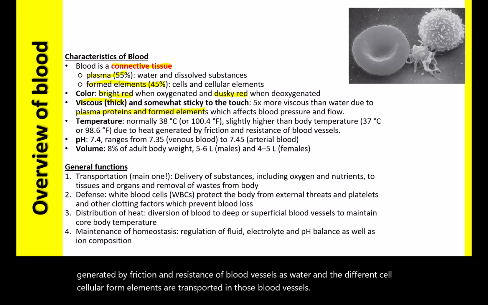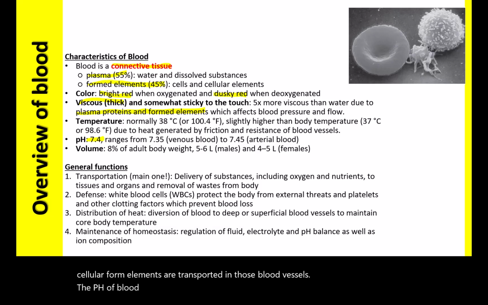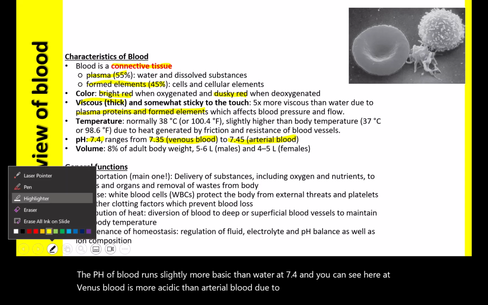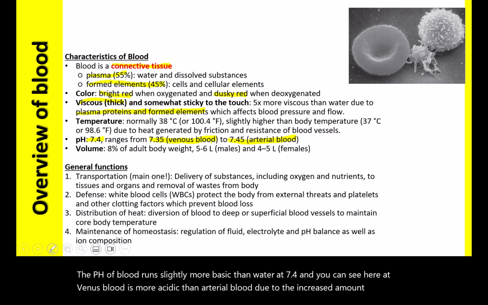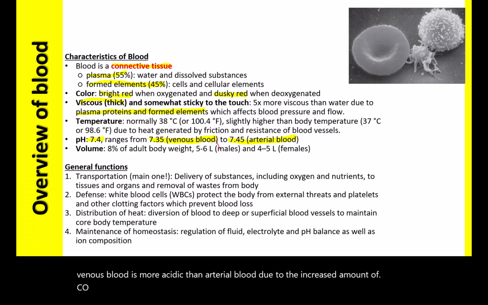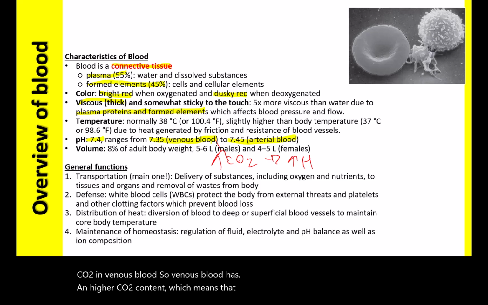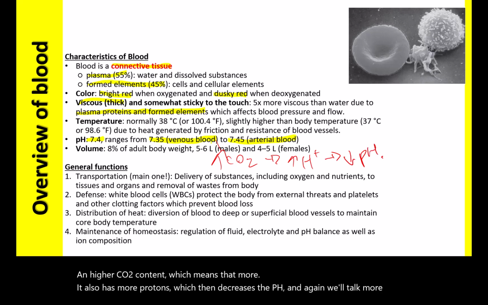The pH of blood runs slightly more basic than water at 7.4, and you can see here venous blood is more acidic than arterial blood due to the increased amount of CO2 in venous blood. So venous blood has a higher CO2 content, which means that it also has more protons, which then decreases the pH. And again, we'll talk more about that as we continue on.